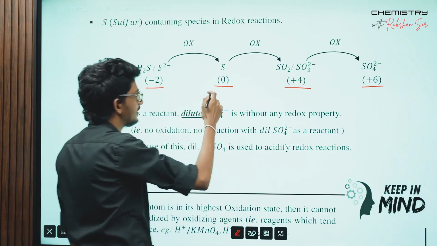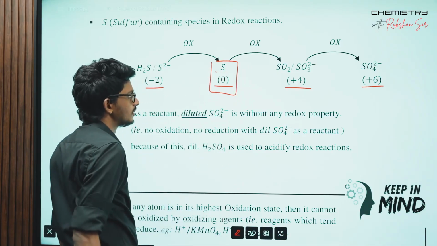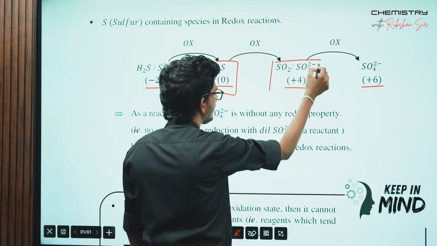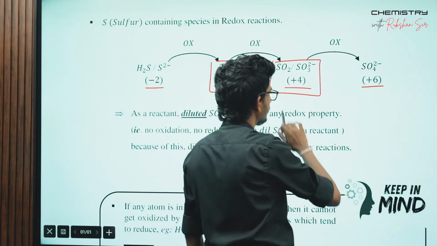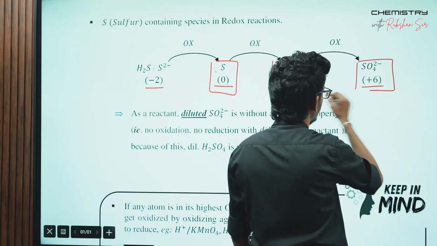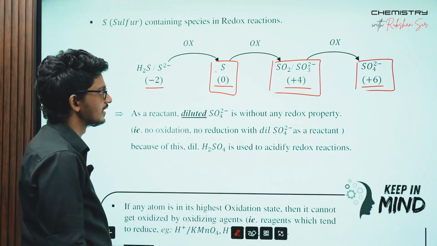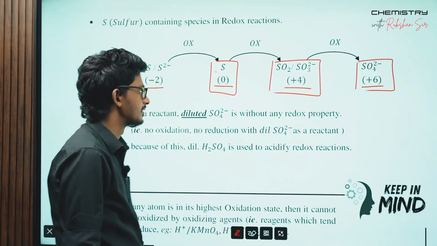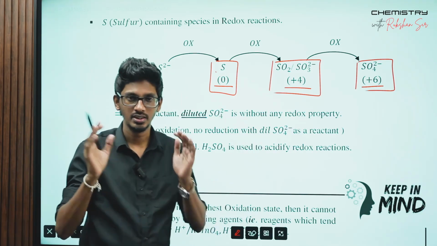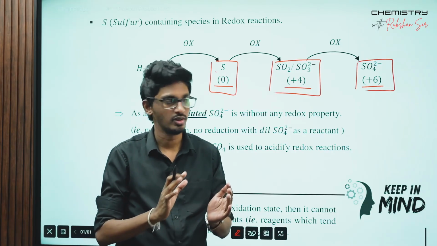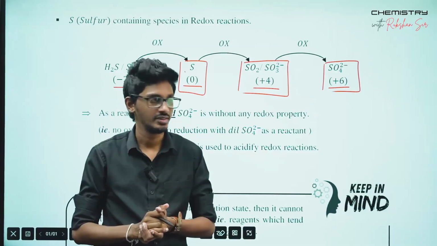If you start with 0 sulfur, that will oxidize to +4. And if you start with +4 sulfur, that will oxidize to +6. That is how sulfur-containing species get oxidized in redox reactions. Normally, we won't see the reduction of sulfur-containing species in redox calculations.